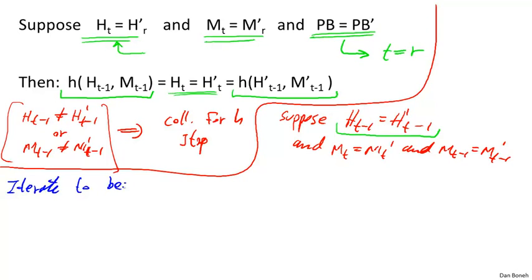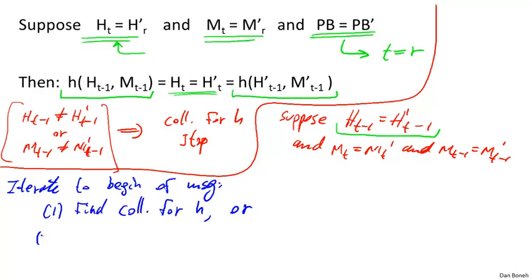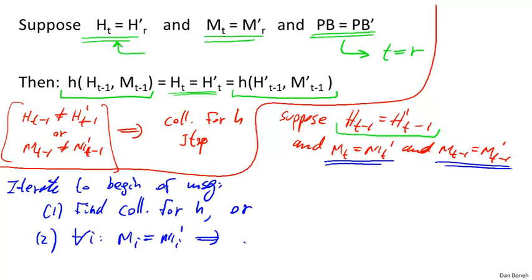Iterating to the beginning of the message, one of two things must hold. Either we find a collision for the compression function, or it so happens that all the message blocks of m and m prime are the same. In other words, for all i, m_i is equal to m'_i. But this means, because we already proved the messages are the same length, that m is actually equal to m prime.